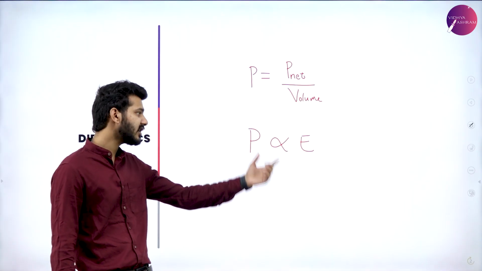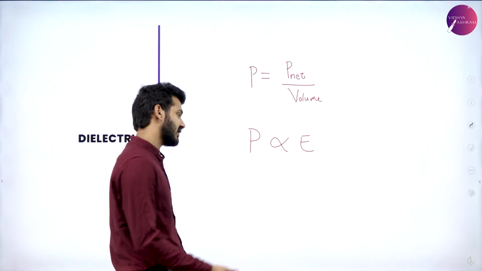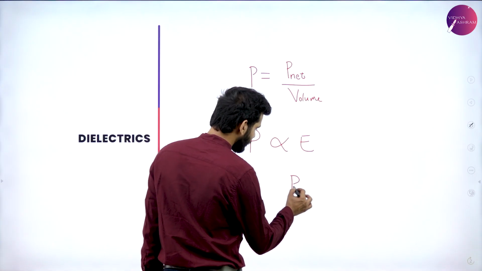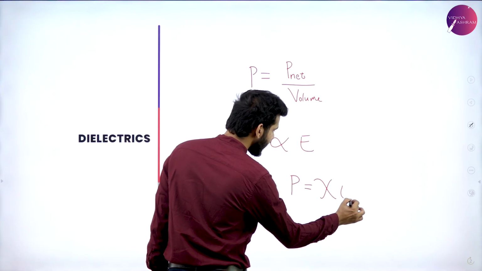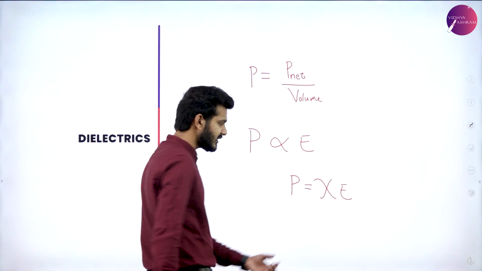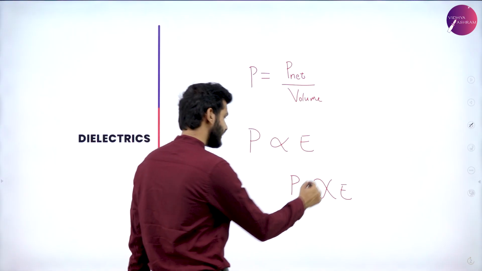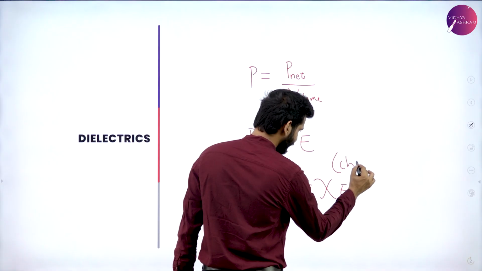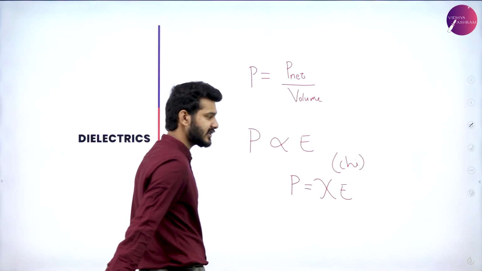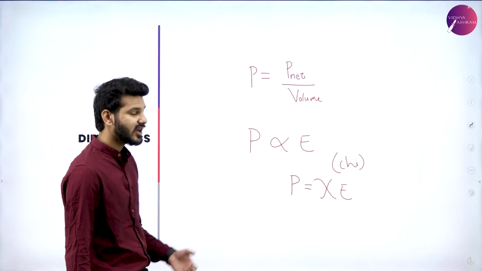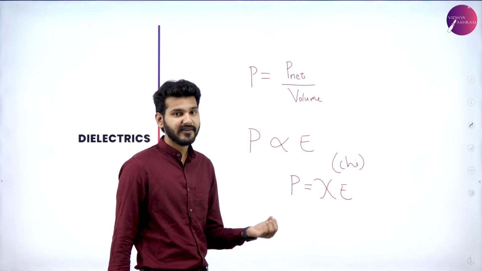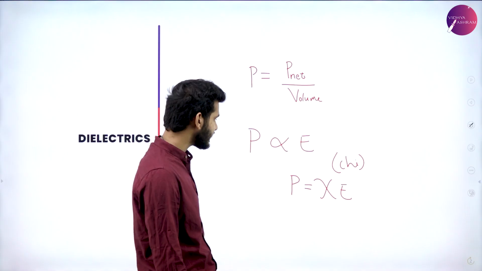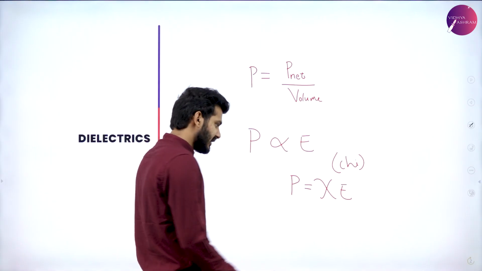And if you want to take away the proportionality sign, we can write it as P is equal to chi E. This particular symbol is known as chi, spelled CHI, but it is read as chi, and it is known as the susceptibility factor, or you can also call it electrical susceptibility.